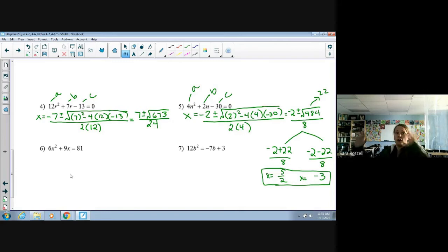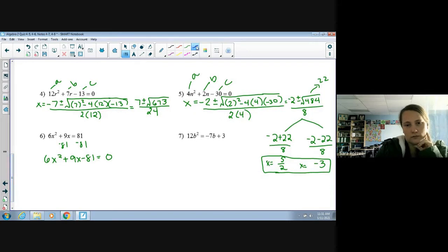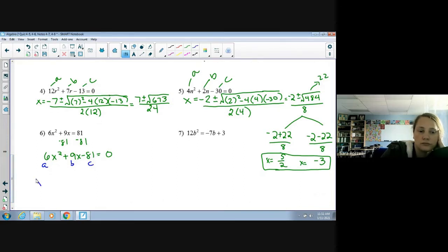No, they are not, because all of the stuff is not on one side. So we have to move stuff first. So on number 6, we need to subtract this 81. Then we can do it. Then we'll label our A, our B, our C. Plug it in.